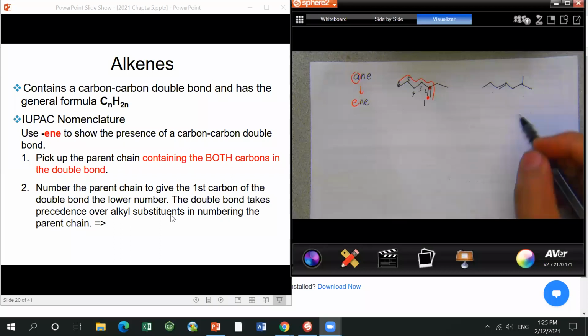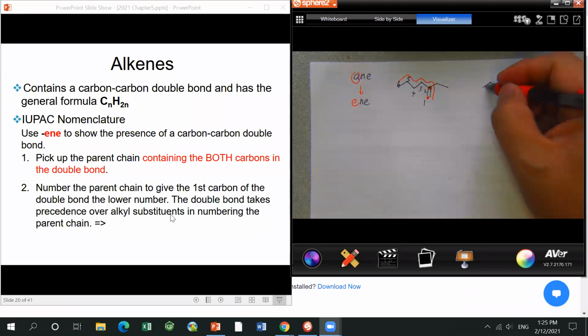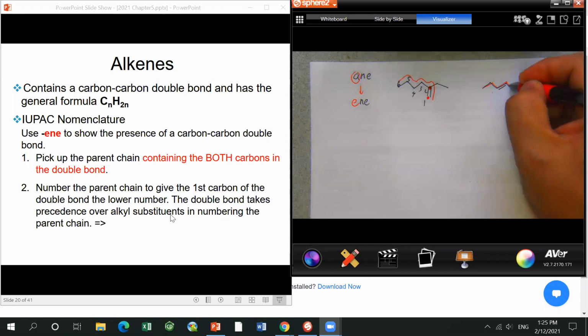For example, this molecule. The long carbon chain goes straight here, or from top to down, that's also fine. So now we have the long carbon chain.